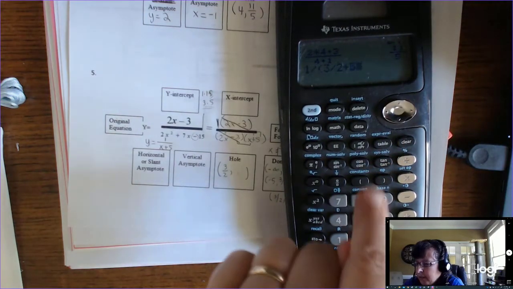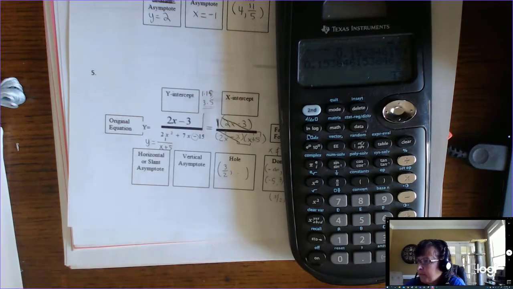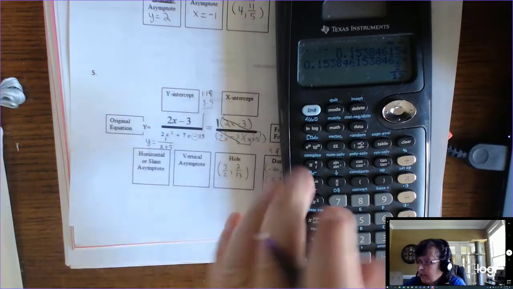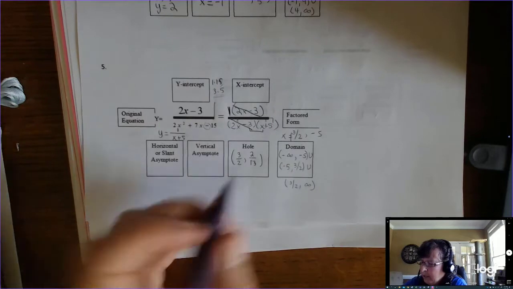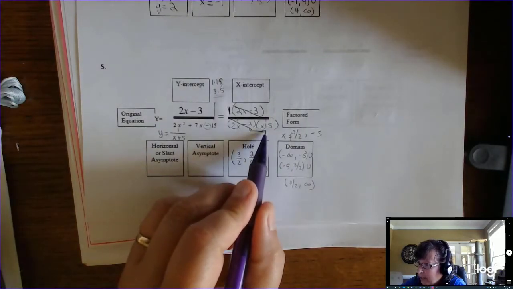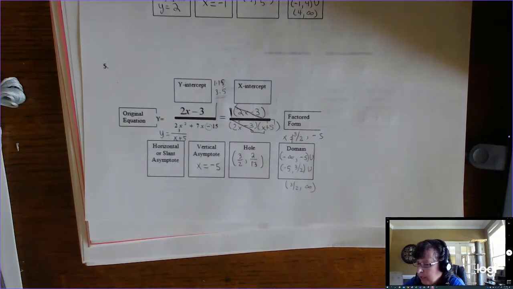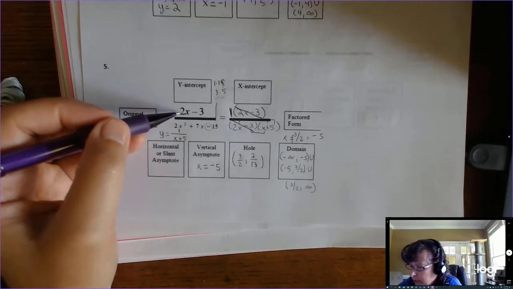And you get 2/13. If you hit that little squiggle, it'll make it a nice rational number. So there's your hole. You also have a factor that does not cancel, so that's going to be a vertical asymptote at x equals -5.